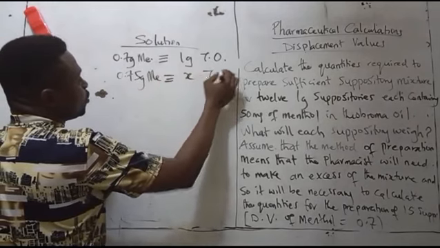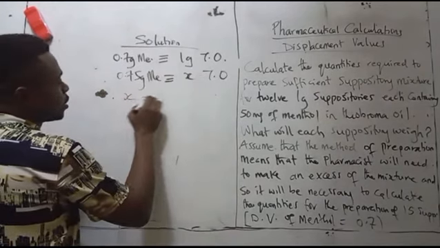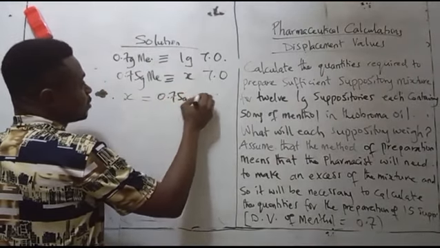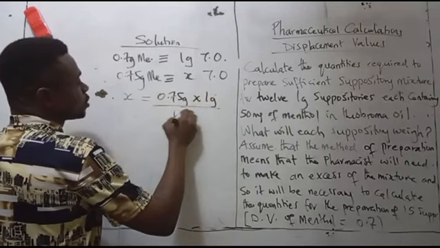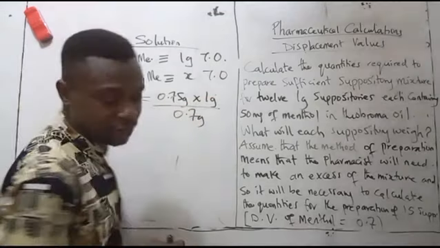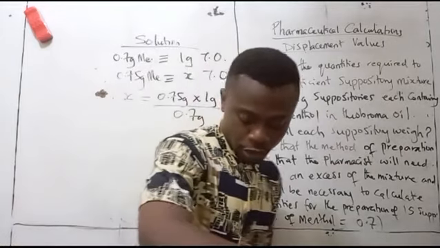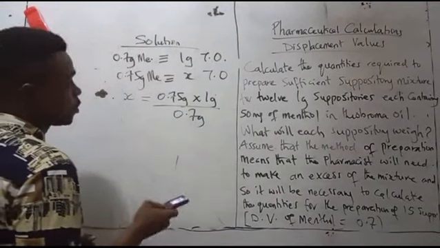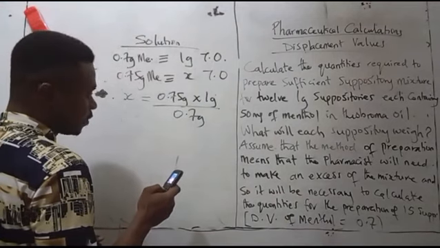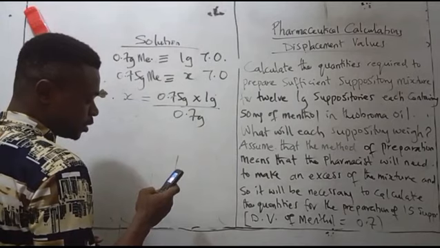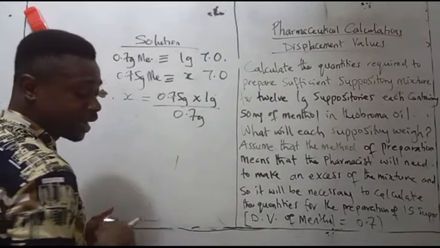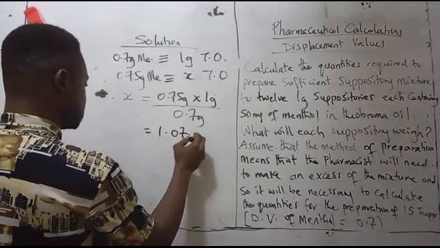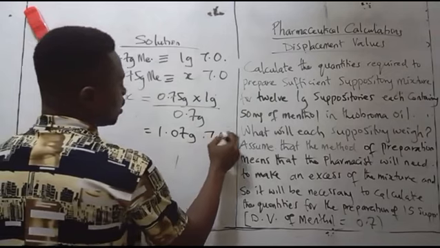So we cross multiply. X is equal to 0.75 gram times 1 gram all over 0.7. At this junction, I will use a calculator so we don't waste time. 0.75 divided by 0.7 is 1.07 gram of theobroma oil.